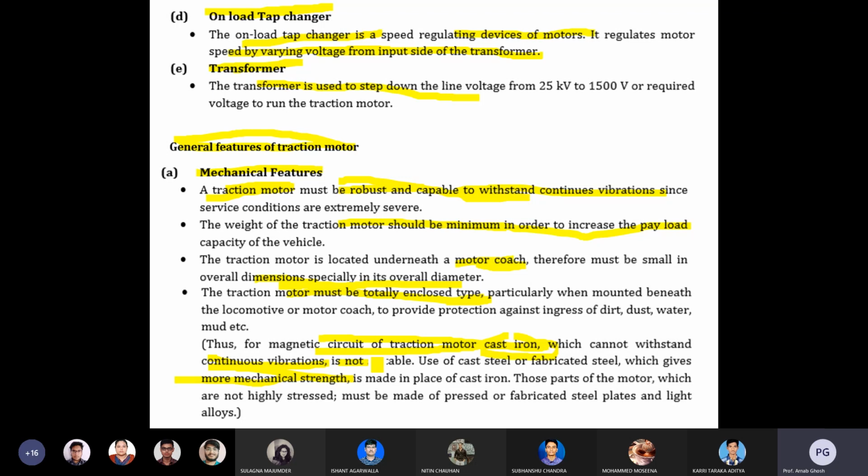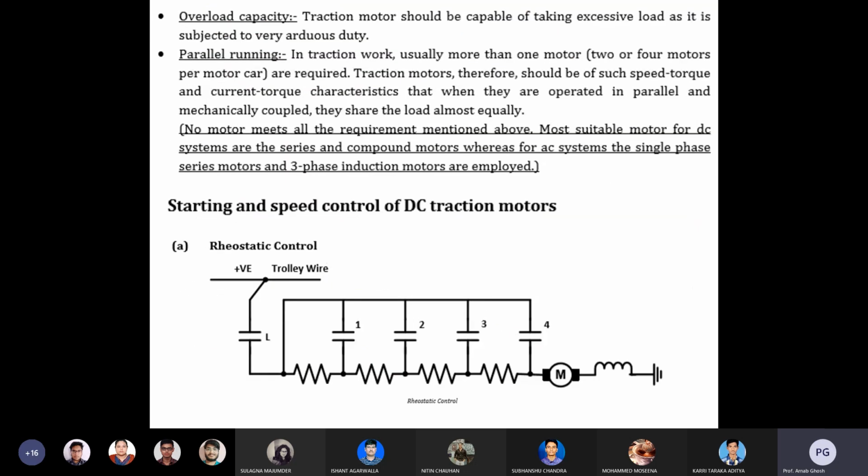Those parts of the motor which are not highly stressed must be made of pressed and fabricated steel plates and light alloys. So these are all very important constraints for the mechanical features.